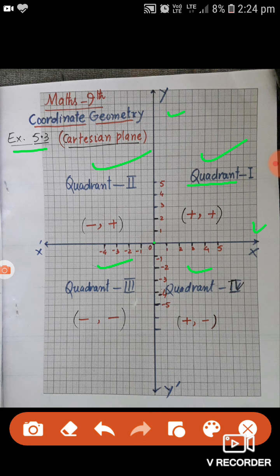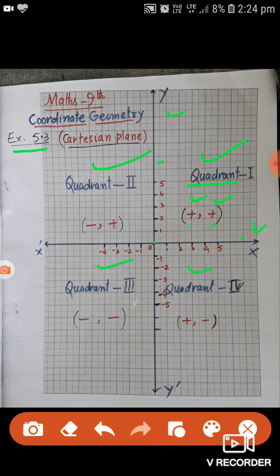Let us look. In the first quadrant, any point will be of the form: x coordinate positive and y coordinate also positive, because you have the positive x-axis and positive y-axis in the first quadrant. So every point in the first quadrant will be plus plus.